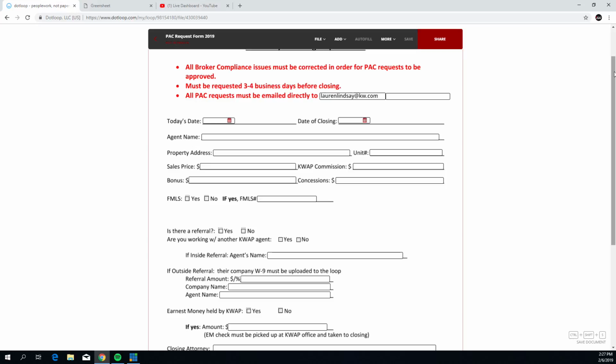Earnest money held by us? Yes, no, how much it is. Now, the thing is, with earnest money checks, if we're holding the money, think about this. You're going to the closing, and you're asking the attorney to give you basically the full amount of the commission, because they're cutting a check to Keller Williams, and you're bringing the check back to Keller Williams.